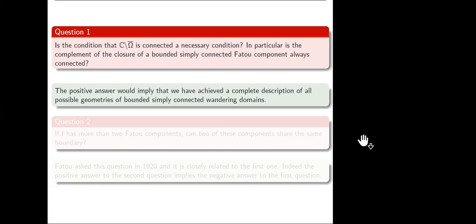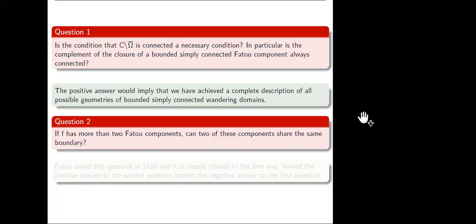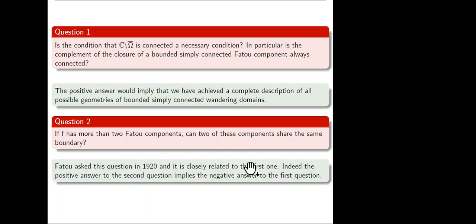Yeah, I was not able to answer this question. Anyhow, a similar question already arose in the 1920s by Fatou, who asked that if f has more than 2 Fatou components, can 2 of these components share the same boundary? Although this question was asked in the category of rational functions, you can also think of it as a question in entire functions in general.